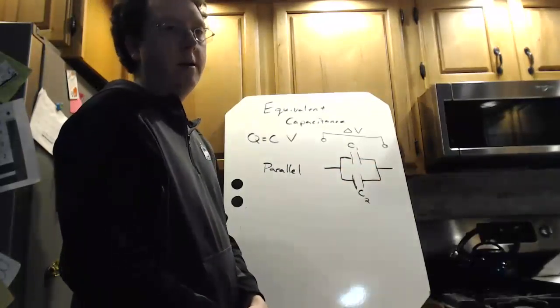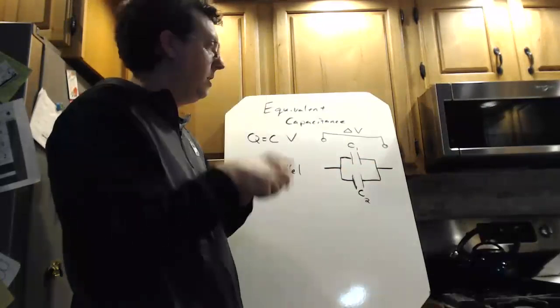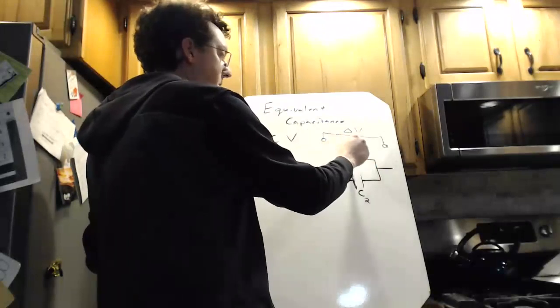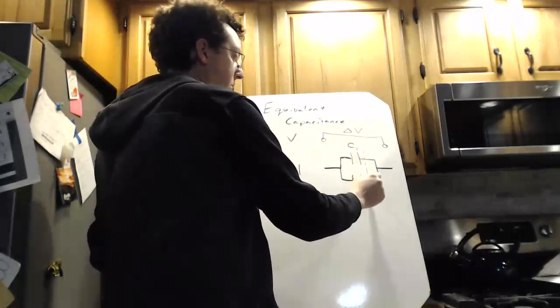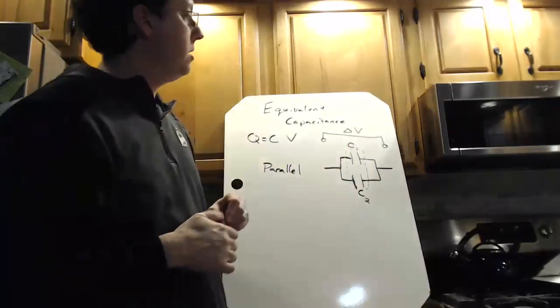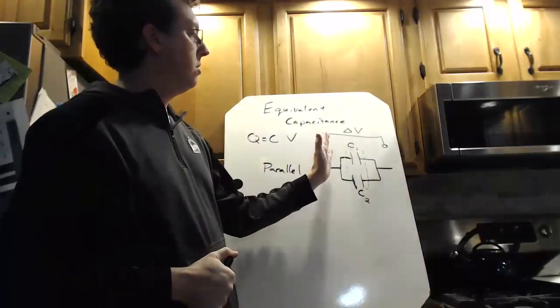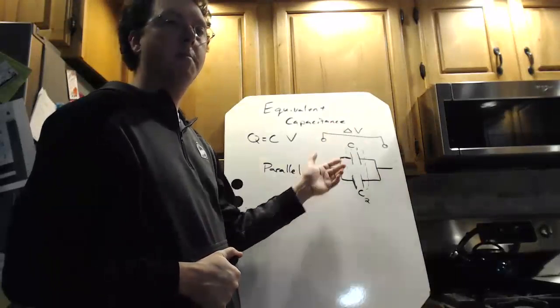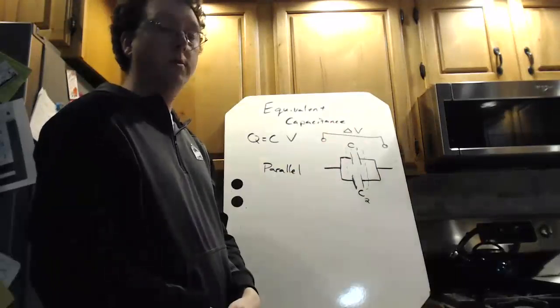On the other hand, mentally, if you were to shrink wrap this whole thing, you would find that the total charge on the pair would simply be the sum of the charges on the individuals.